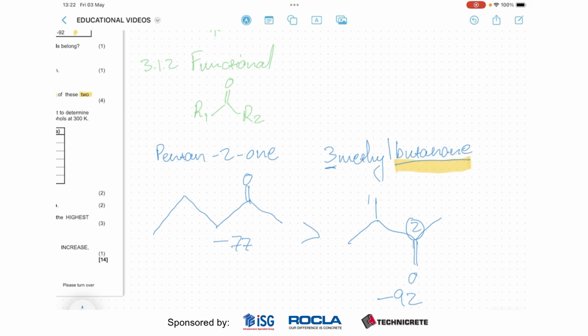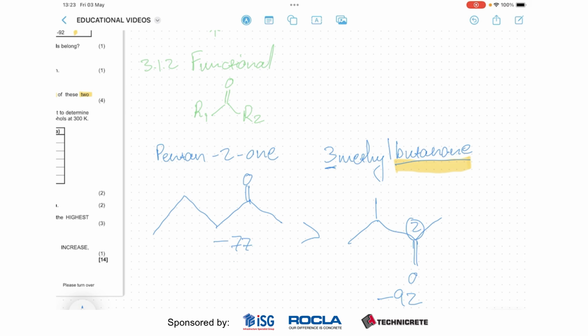This branching means that the intermolecular forces are weaker, and that's why the other one has a higher melting point, because it's just a straight chain. The molecules can pack much closer together and therefore have stronger overall intermolecular forces of attraction acting.